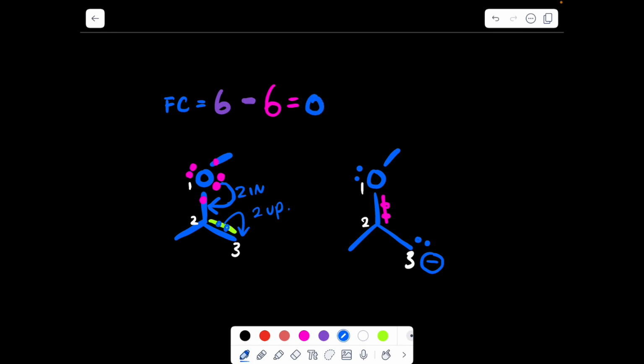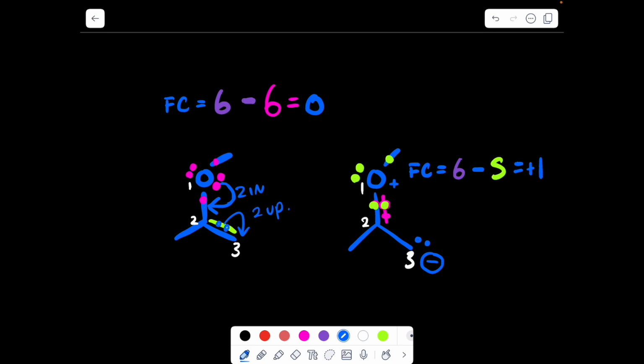Now, the formal charge of the oxygen, if we calculated it again, would be 6, because this is just the valence count found on the periodic table, minus 1, 2, 3, 4, 5. 6 minus 5. So this is actually plus 1.